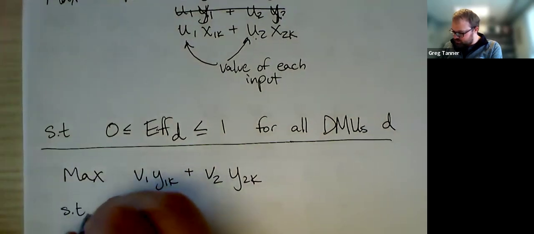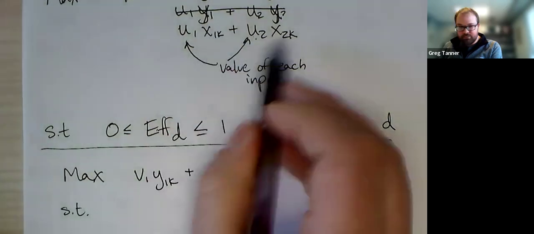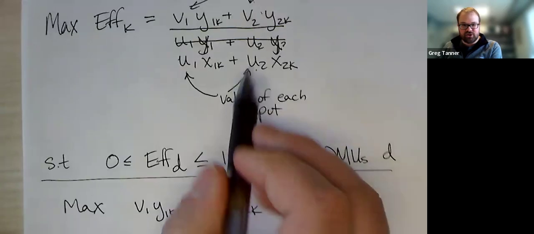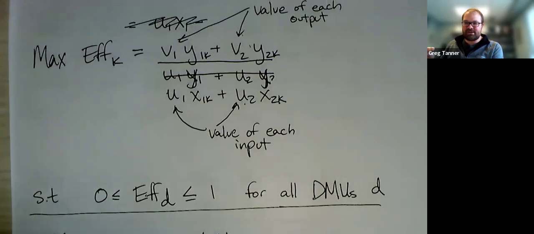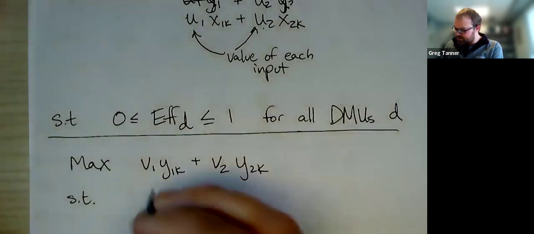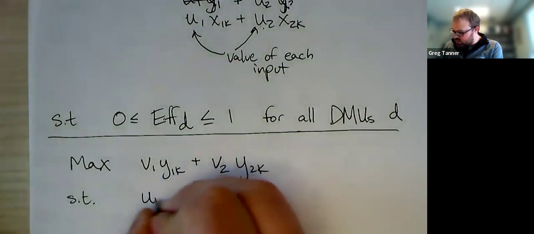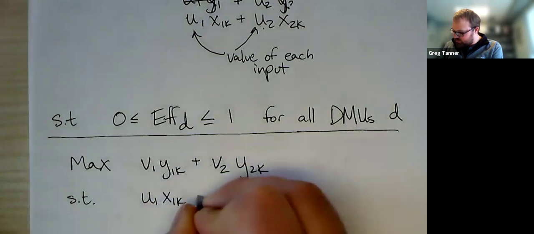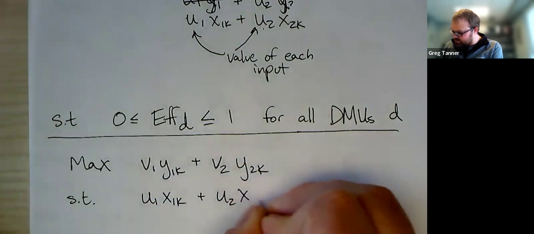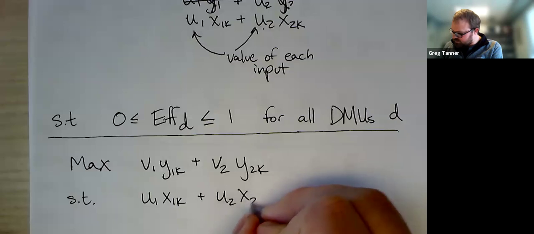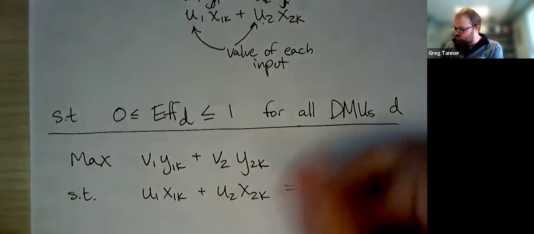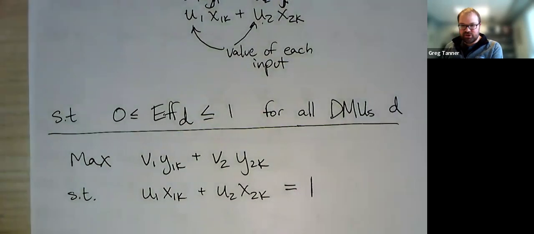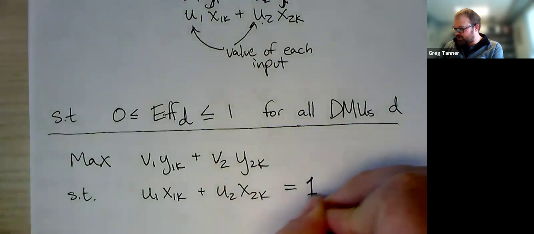And we're going to have to hold the bottom of this fraction constant. Okay, so we're going to get that U1 X1K plus U2 X2K has to be equal to some number. And without loss of generality, we'll just choose that number to be 1.